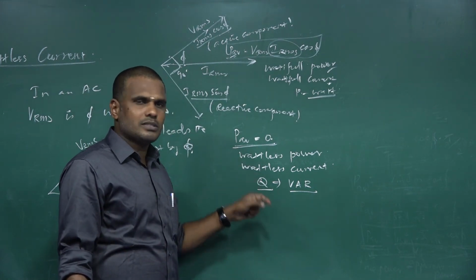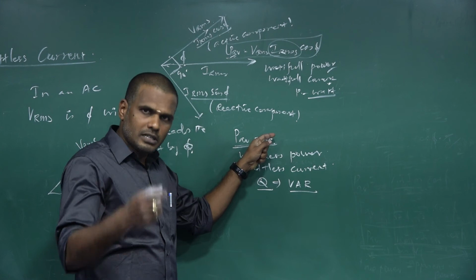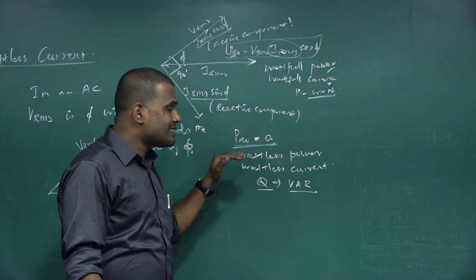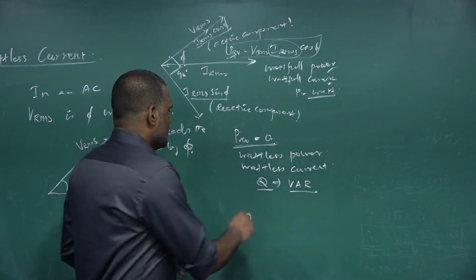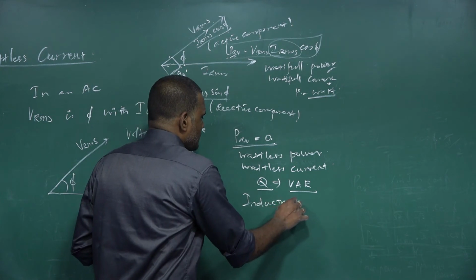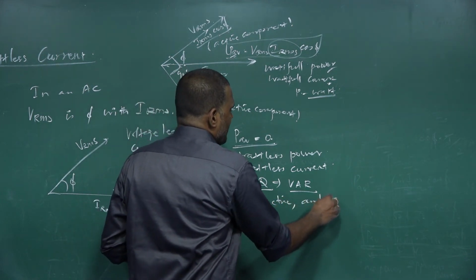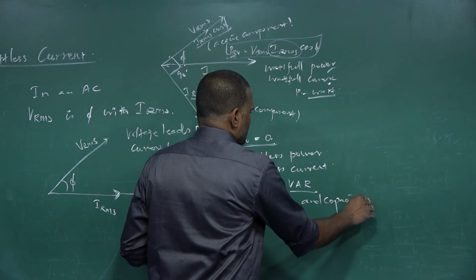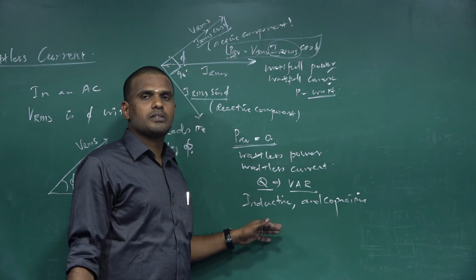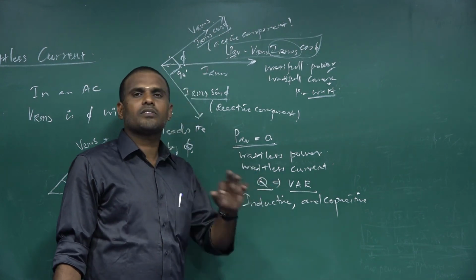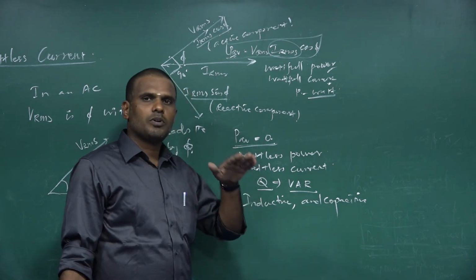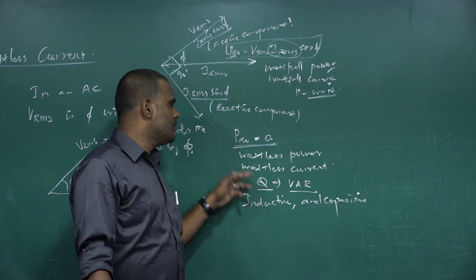This happens in inductive and capacitive circuits, because in inductive and capacitive circuits the phase angle phi is equal to pi by 2 between RMS voltage and RMS current. So generally the average power consumed in such circuits is said to be 0.